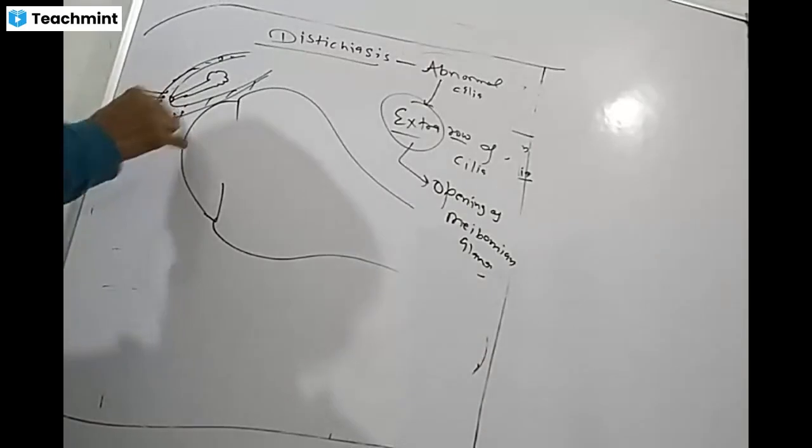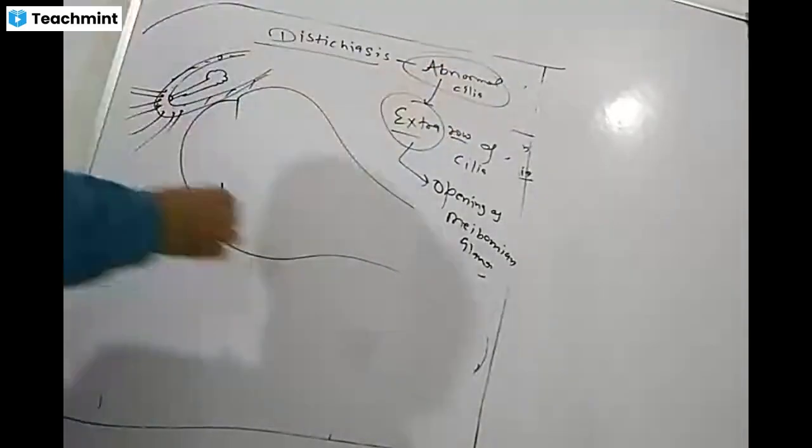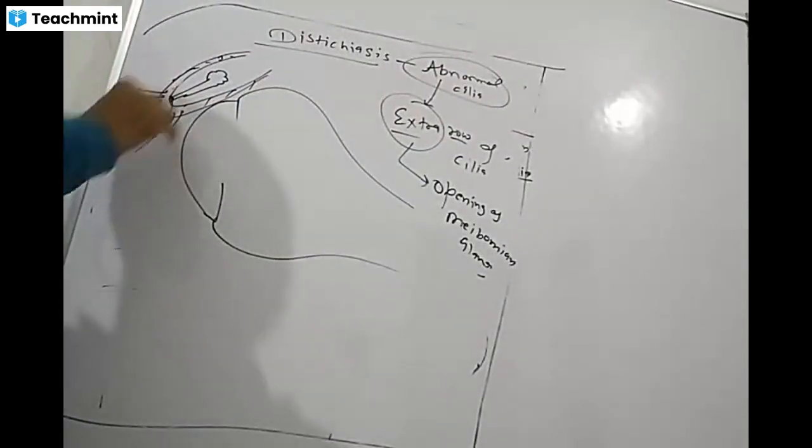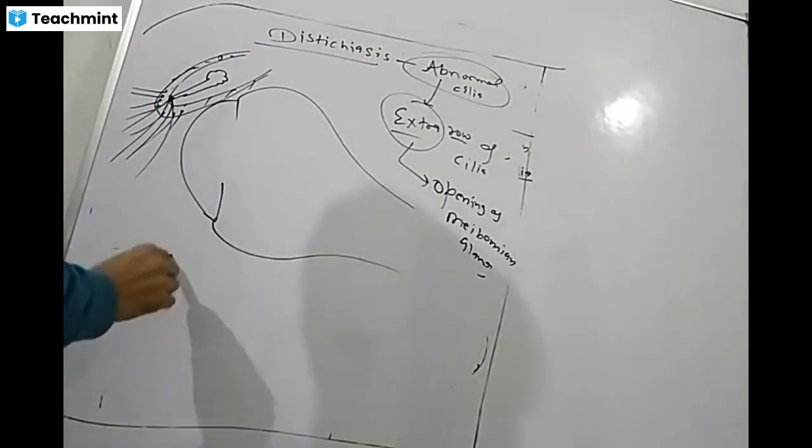If abnormally they come out from the opening of the meibomian gland, then it is called distichiasis.